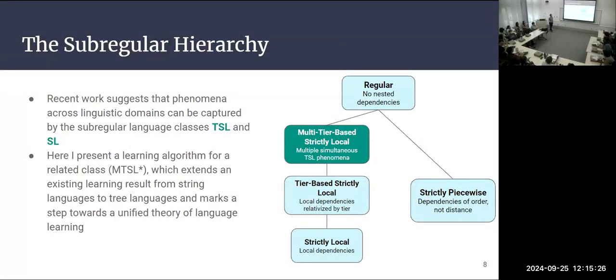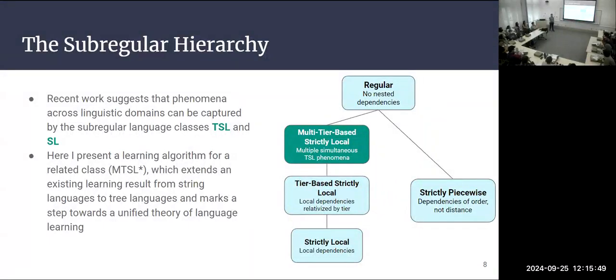There's a lot of recent work suggesting that phenomena across linguistic domains, such as sound structure, sentence structure, and word structure, can all be captured by a few of these subregular classes, particularly strictly local, SL, and tier-based strictly local, TSL.